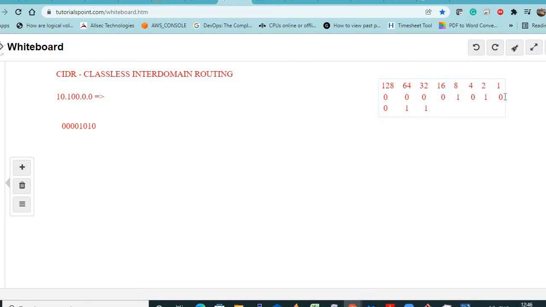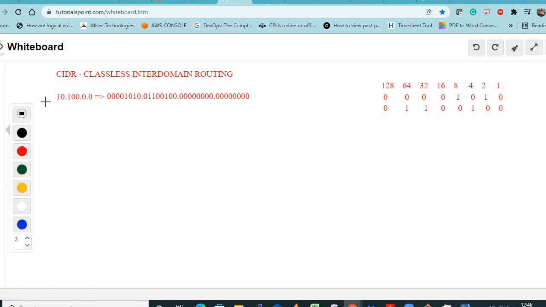Then 0, 0, 0. Here I'll get 1 and 0, 0, 0. So I will represent 100 as 0, 1, 1, 0, 0, 1, 0, 0. And the remaining is 0, 0, 0, 0, 0, 0, 0, 0, dot 0, 0, 0, 0, 0, 0, 0, 0. So this IP address will be represented like this.